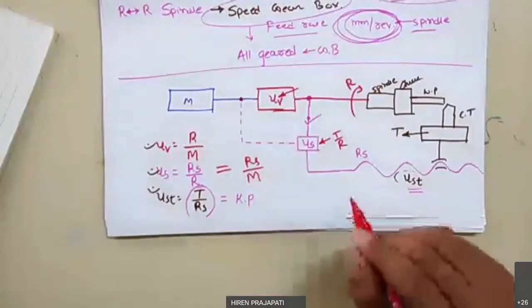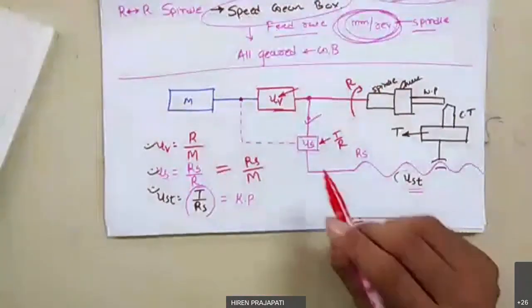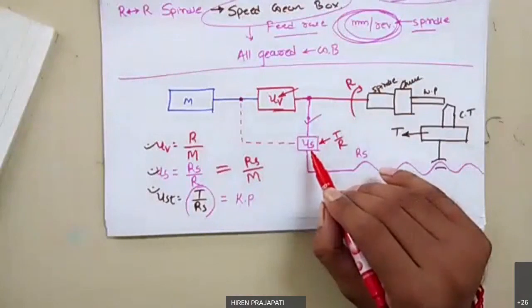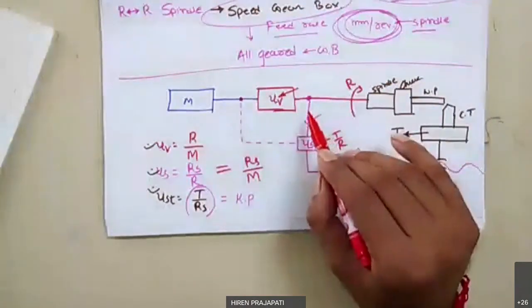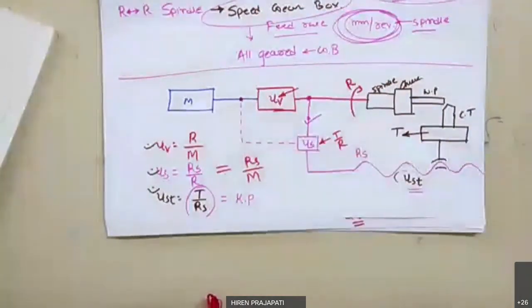So what we have discussed today, if I summarize, is the effect of the US connection. If you connect after UV and if you connect before UV, what are the end results?